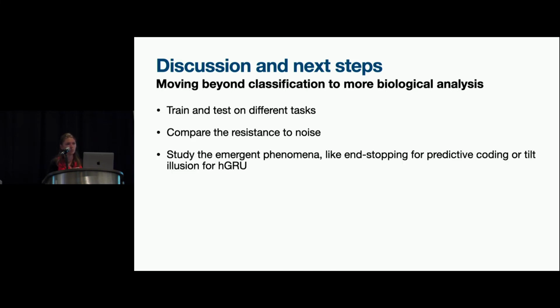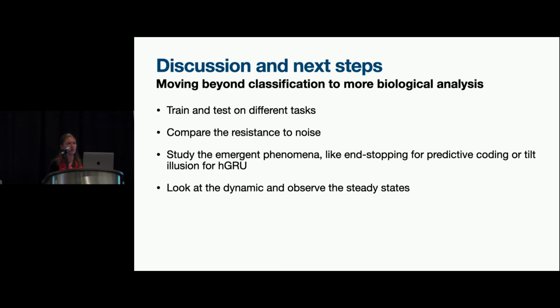Also, those two models, like most of the computational science models, are known to show some contextual phenomena during the different tests that we can do. Like, for example, predictive coding showed end-stopping, or HGRU was responsive to tilt illusion. So we can see if those models, at least with neural ODEs, show the same phenomena, but maybe more interestingly, look for others.